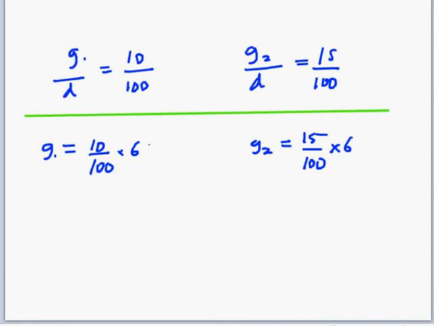So that is going to be 0.6. You can prove it to yourself with the calculator if you like. G2 is going to be 0.9. So like in our previous lecture, 0.9 plus 0.6 is equal to a 1.5 cm gap when we add those two together.